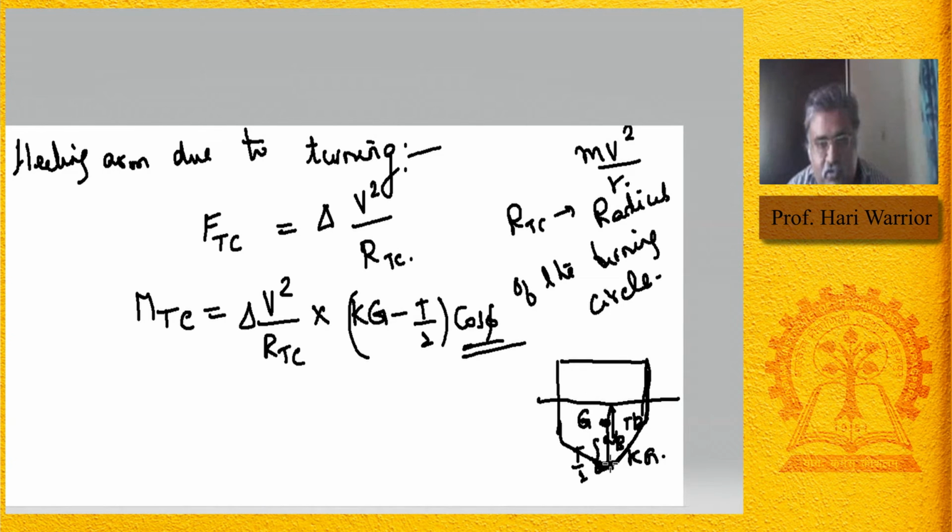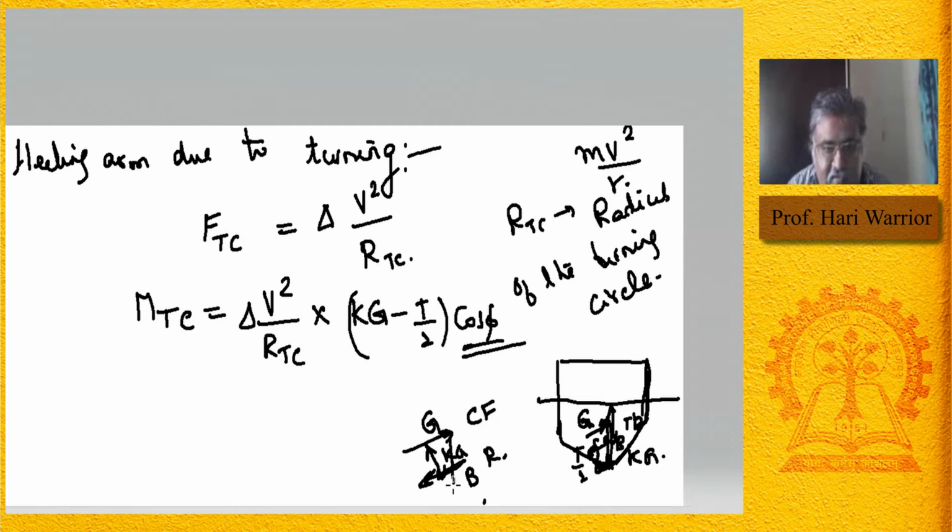So KG minus T by 2 will give you the distance between the forces acting. At G, the centrifugal force will act like this, and at B, the reaction force will act like this. The distance between them is this, which will be KG minus T by 2.